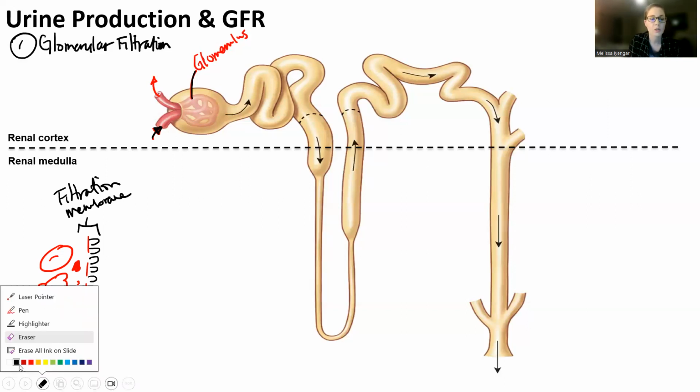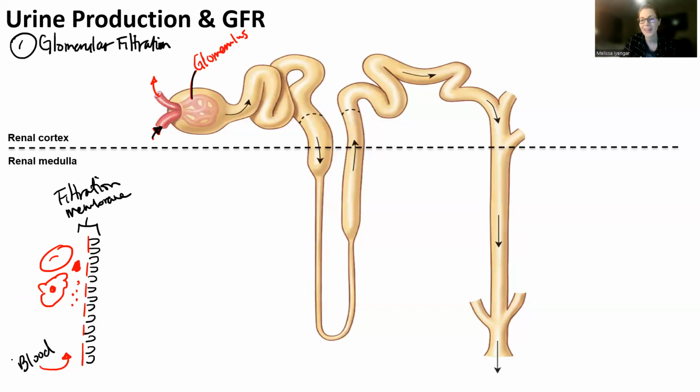A good large volume of blood hits the kidney every time blood gets pumped from the left ventricle. So it's going to be under high pressure. We're going to have a high pressure situation here, so you can say high blood pressure slash MAP. Remember mean arterial pressure. Mean arterial pressure should be quite high.